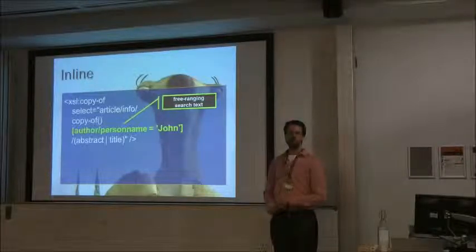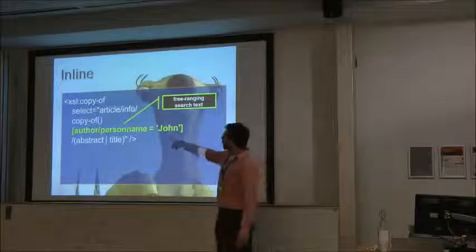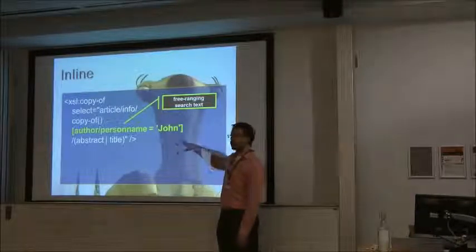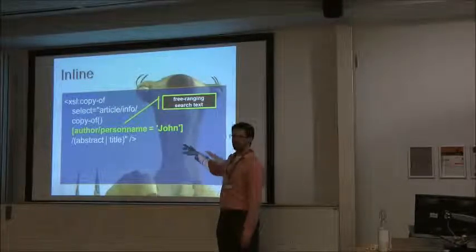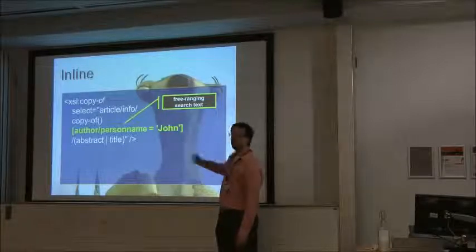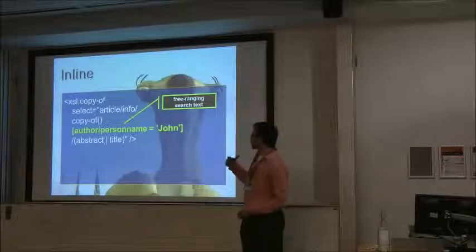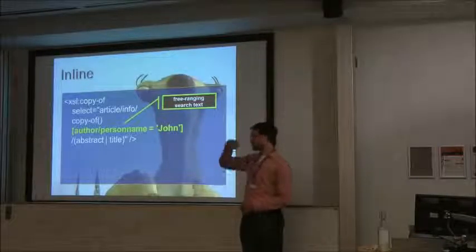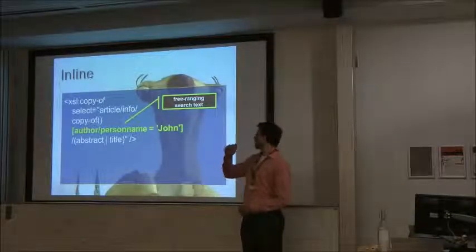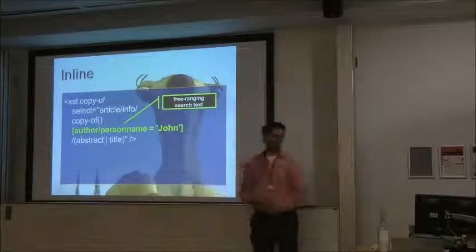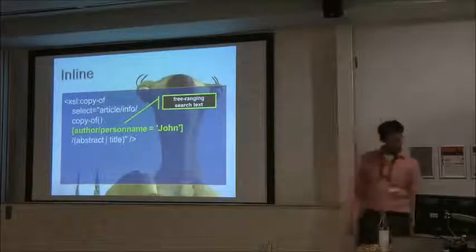It's not allowed in streaming because person name has to be normalized with all its children to find out whether it actually contains the text John. And that is not a streaming expression because after that it will have to go back to person name to do the rest of the expression.